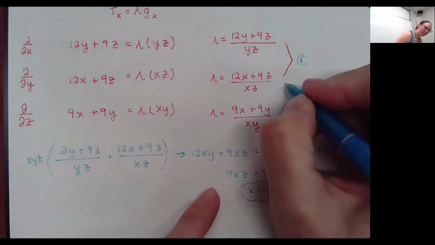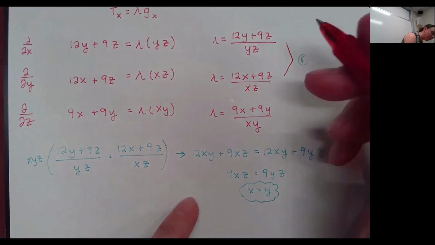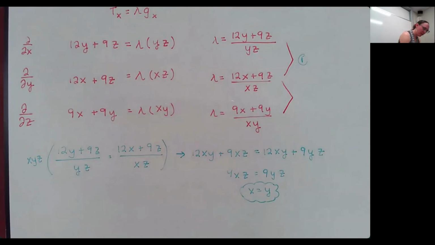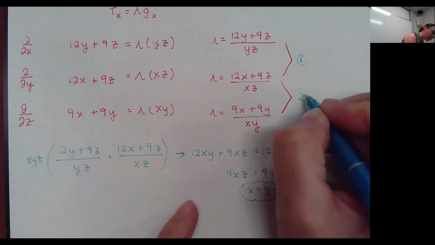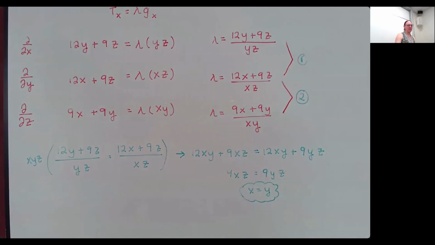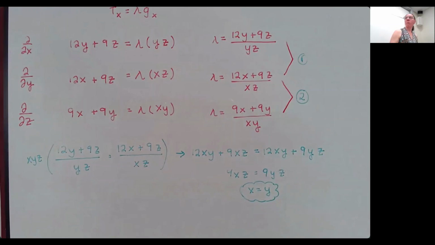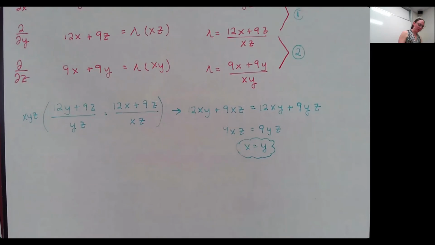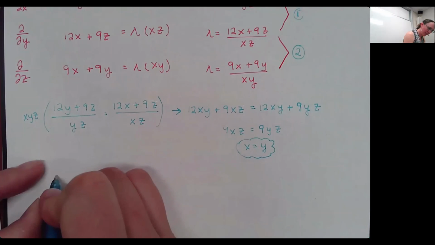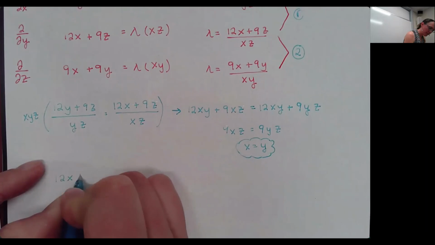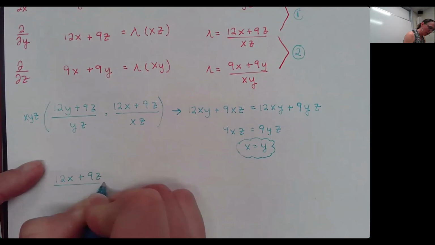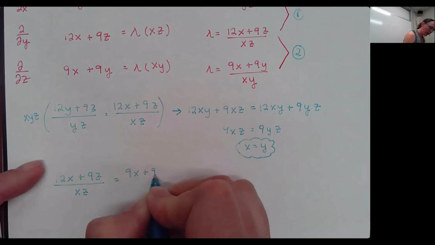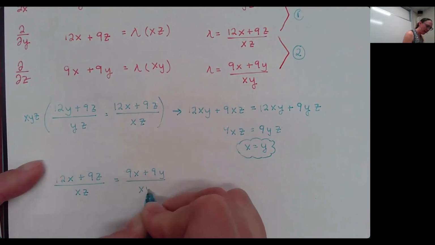So I'm going to pair up the second two equations here and basically run through the same algebra steps. If I pair up those second two equations, I would end up with 12x plus 9z over xz is equal to 9x plus 9y over xy.